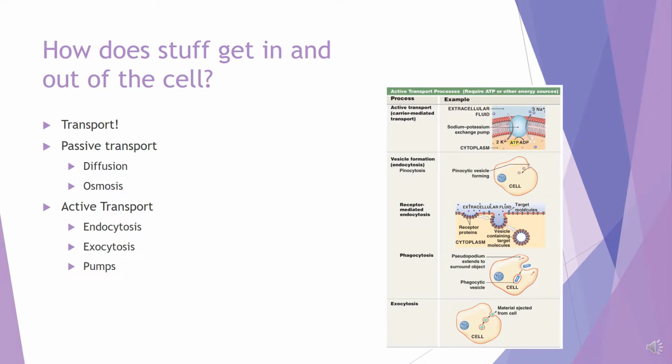All right, so now I want to talk even more in depth about these two different transport mechanisms. With passive transport, we have two different mechanisms. We have diffusion and we have osmosis. In active transport, we have endocytosis, exocytosis, and pumps.